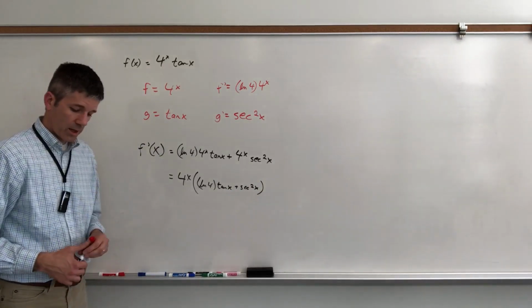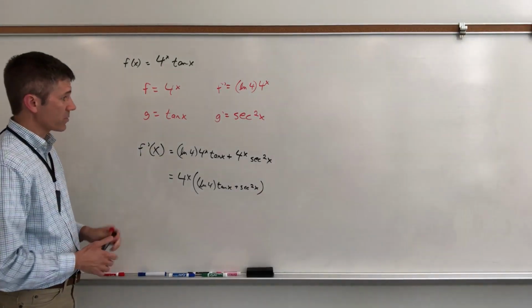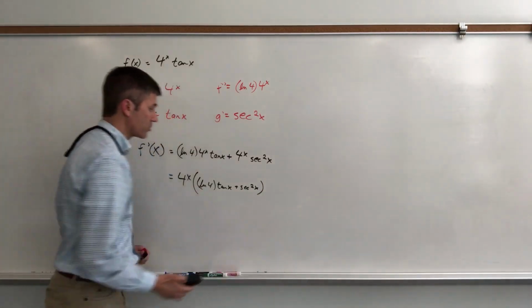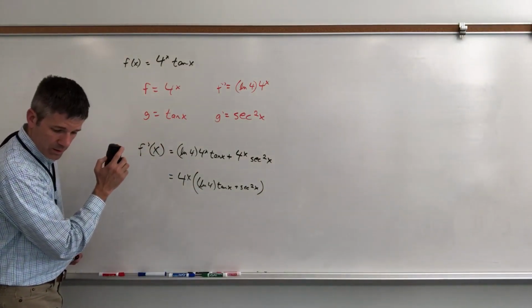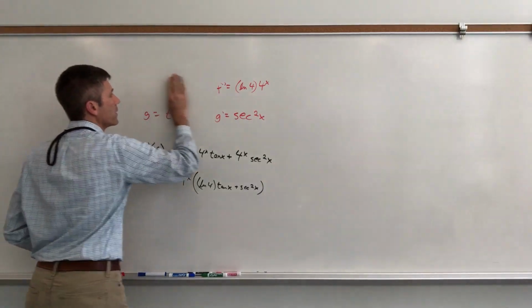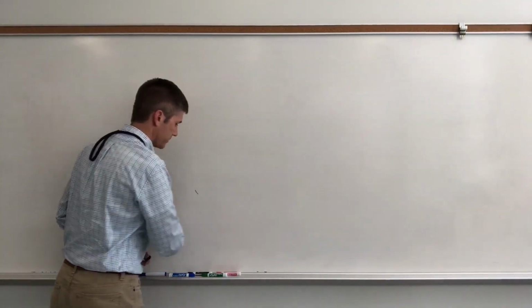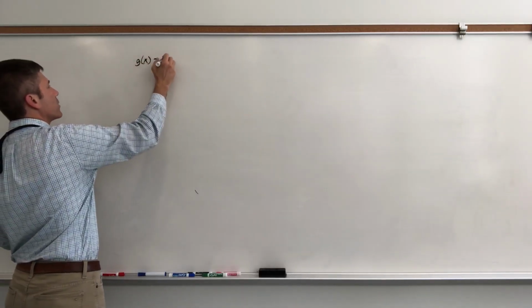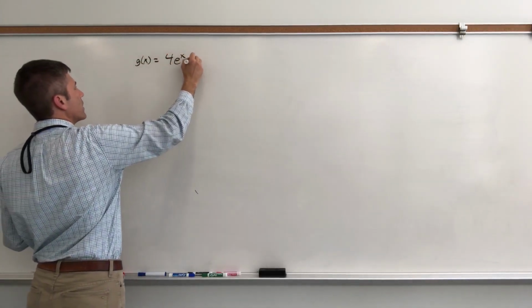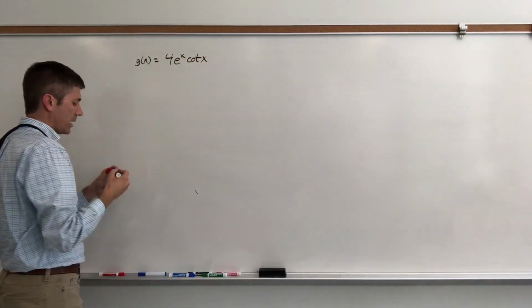And the next one is not going to be too painful. It's going to be pretty straightforward, so I'm going to erase this. Feel free to pause and copy if you need to. And the next one is g of x equals 4e to the x cotangent of x. And again, product rule.